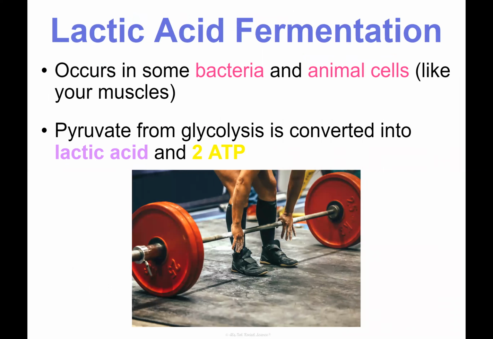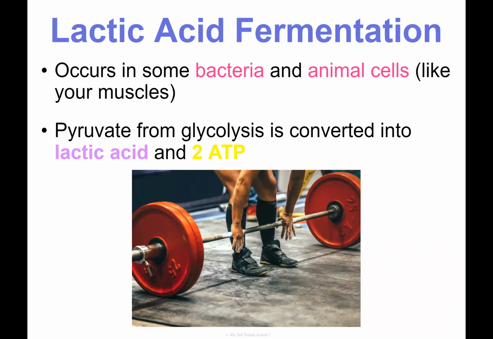And it looks like there's a slide for lactic acid. I jumped ahead, but this is going to occur in some bacteria and animal cells like your muscles. Pyruvate from the glycolysis step is going to be converted into lactic acid to make another 2 ATP. So total, you make 4.